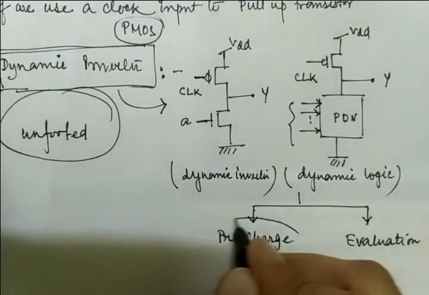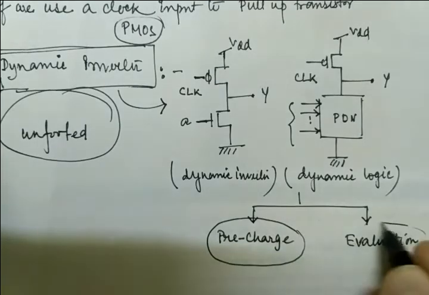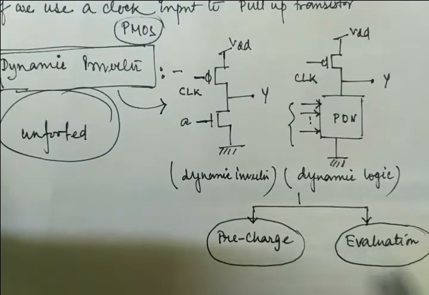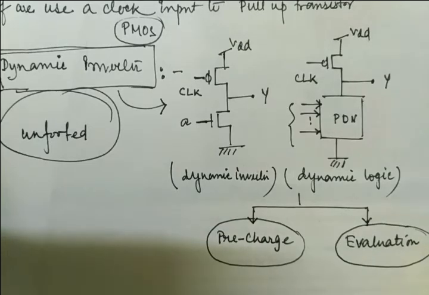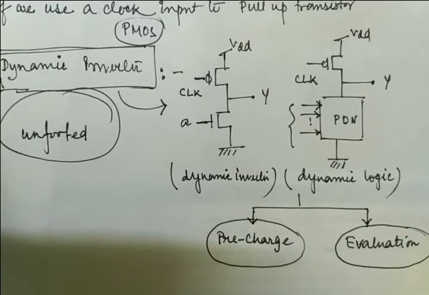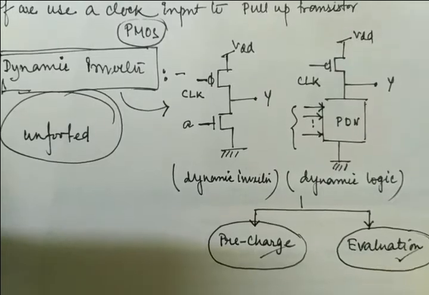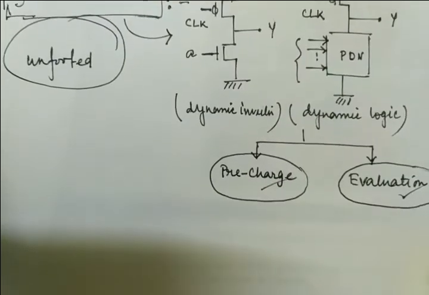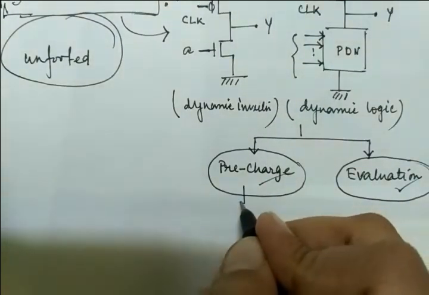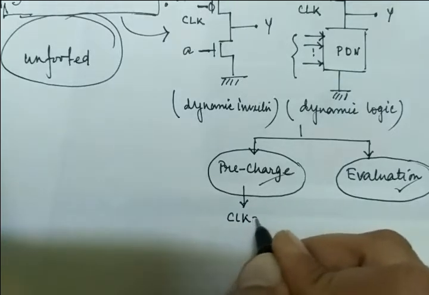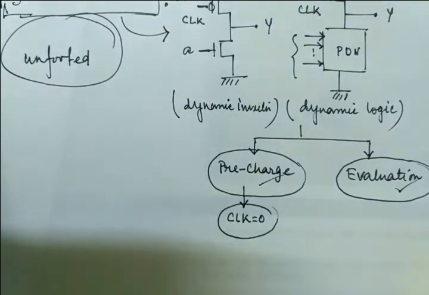So the total circuit behavior of the dynamic logic circuit, the dynamic circuit operation, is divided into two parts. One is the pre-charge and one is the evaluation logic. Now, what is the pre-charge logic? Pre-charge logic is when clock equals 0. Got my point?